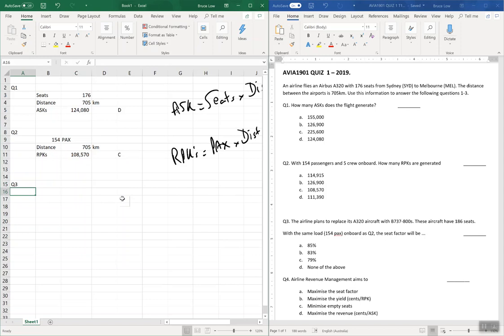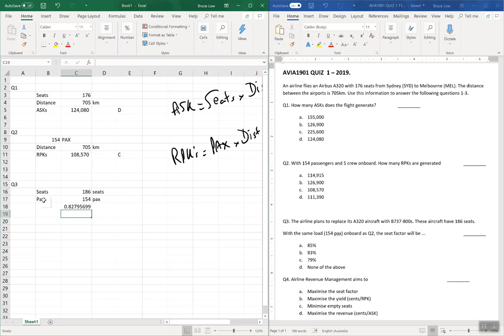Question 3, the airline plans to replace its A320s with 737-800s, and these now have 186 seats. With the same load, the seat factor will be, okay, so basically we've got 186 seats and we've got 154 passengers. So our seat factor is just passengers divided by seats.